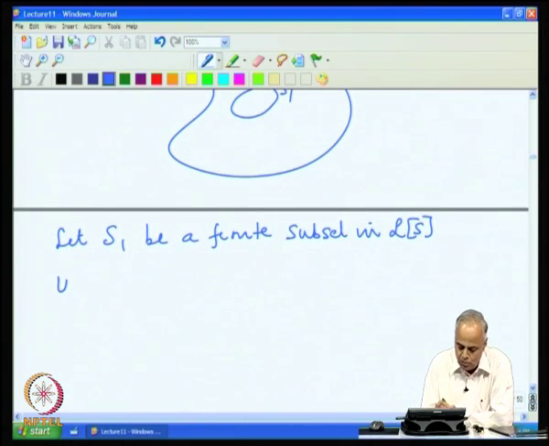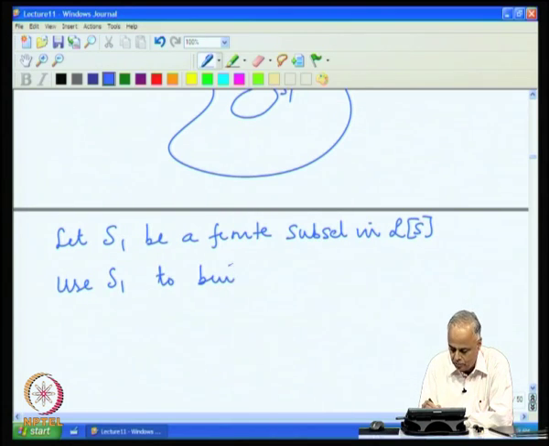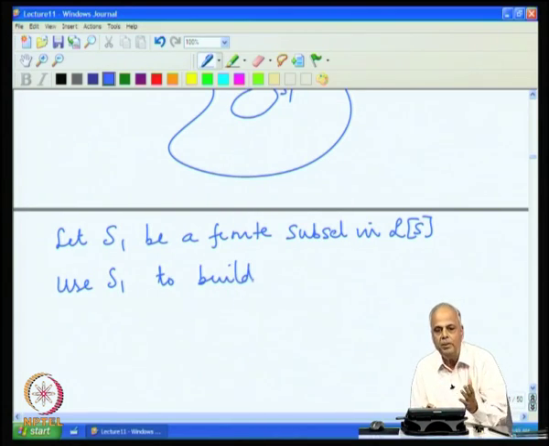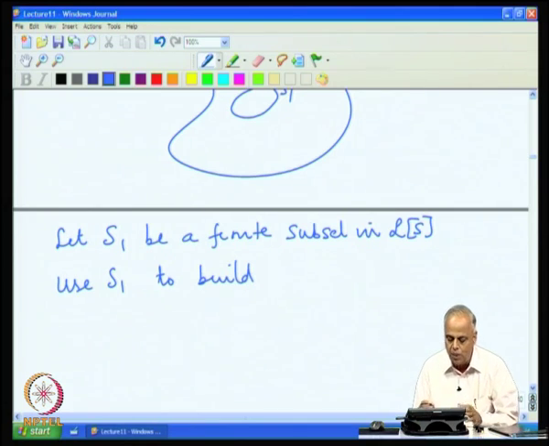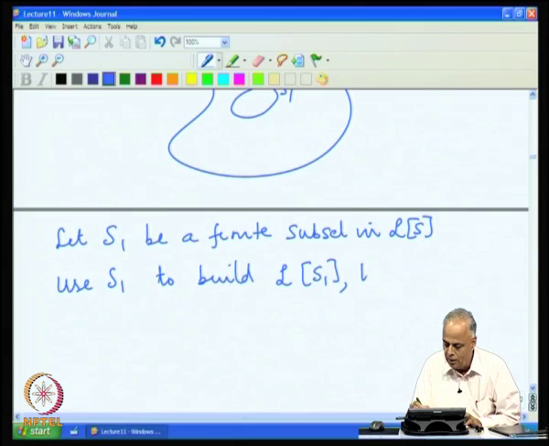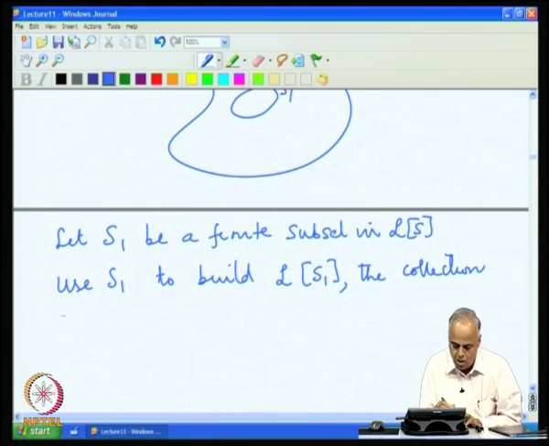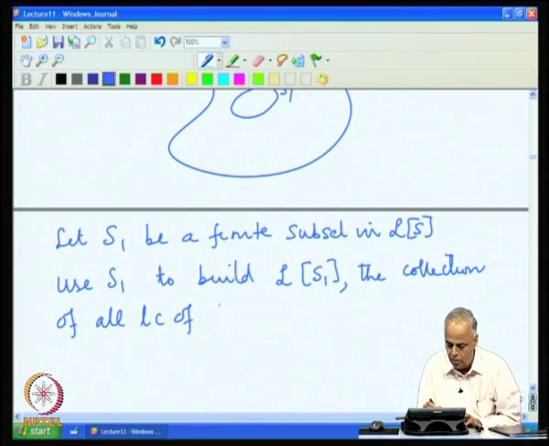So, now use S1 to build. When we start with S, what we built was LS, the collection of all linear combinations of S vectors. So, when we start with S1, we will build LS1, which is the collection of all linear combinations of S1 vectors.